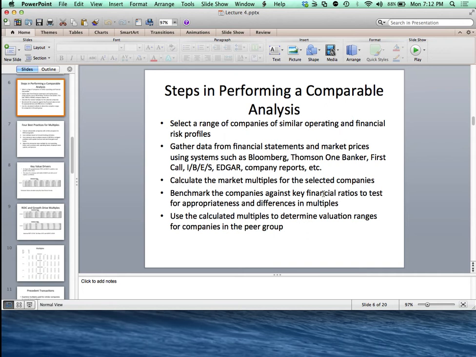Second, we got to get the data. And specifically what we're going to need for the multiples is forward data. Because companies are based on expected cash flows in the future, we care more about forecasted earnings and forecasted multiples than current multiples.